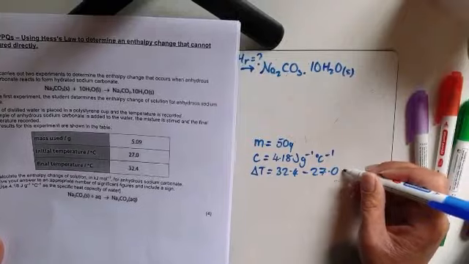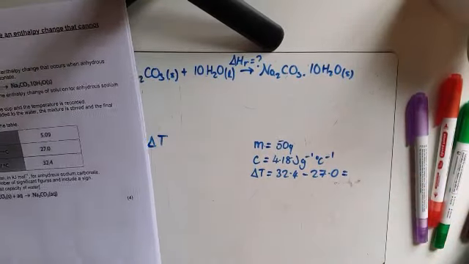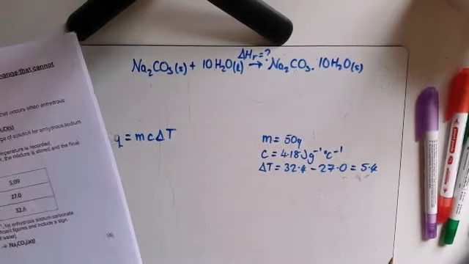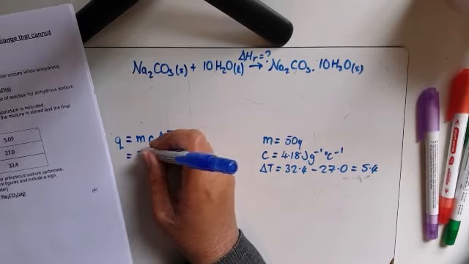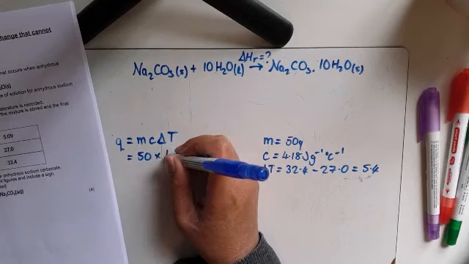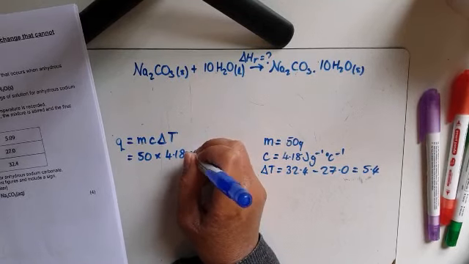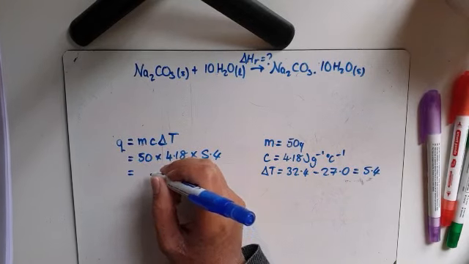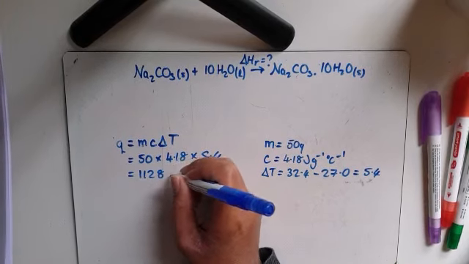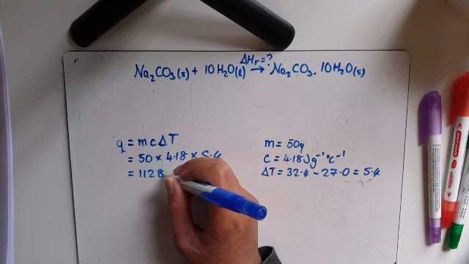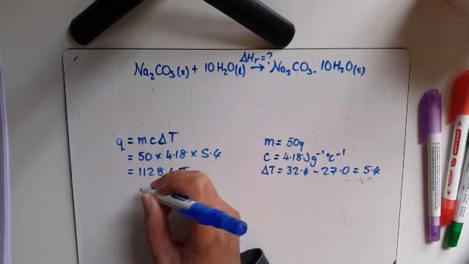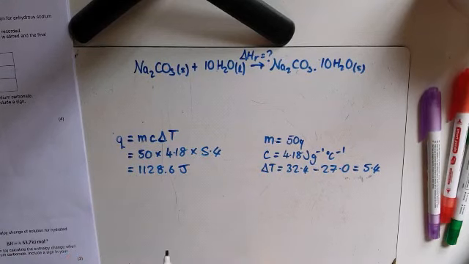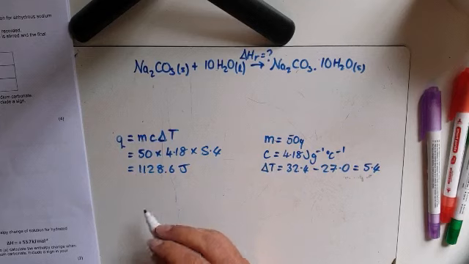So the temperature increase is 5.4. Right, so mc delta T, that's 50 times 4.18 times 5.4. And that works out for us as 1128.6 joules.